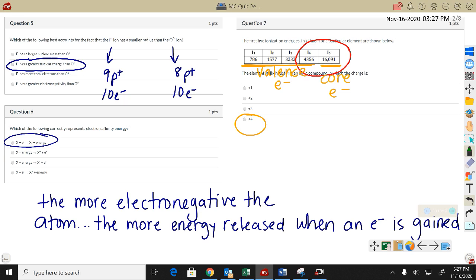And so that first one is a good example of an equation that could represent electron affinity energy. It's energy released, it's an exothermic value. Energy released when I gain an electron to form a negative ion. Now the opposite is ionization energy, and that might be like the second one.